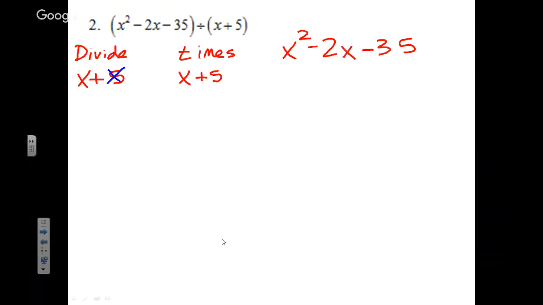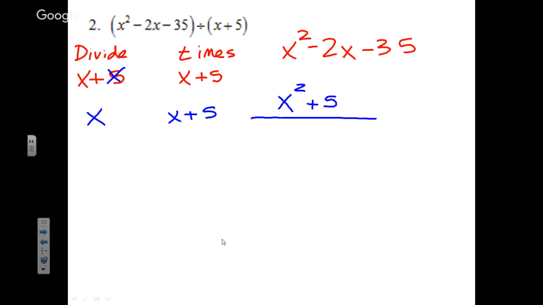So x squared divide by x. X, okay? And then times. X times x, x squared. X times 5, 5x.